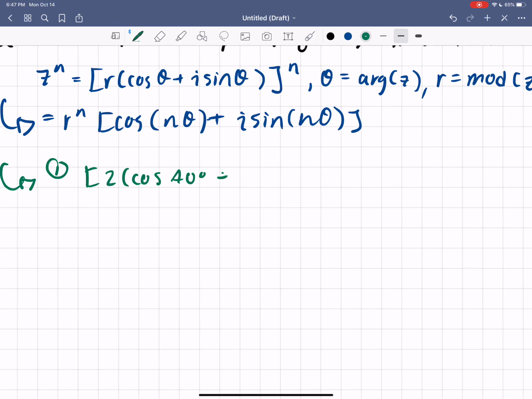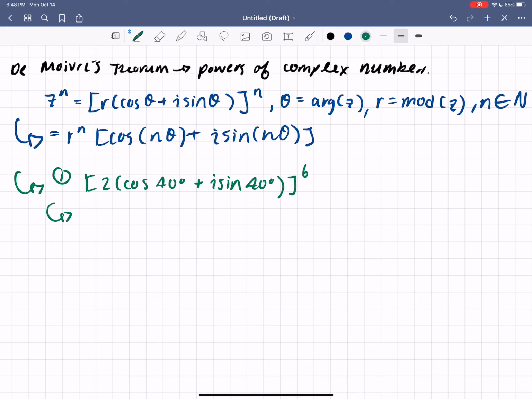Now, according to de Moivre's theorem, all we have to do is take our r and raise it to the 6th, so 2 to the 6th. And then we take our argument and multiply it by n. So cos of 40 degrees times 6 plus i sine of 40 degrees times 6. And then we just simplify from there.